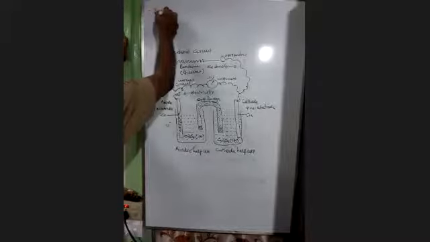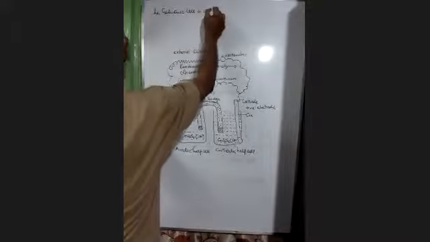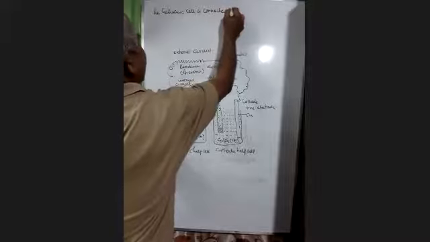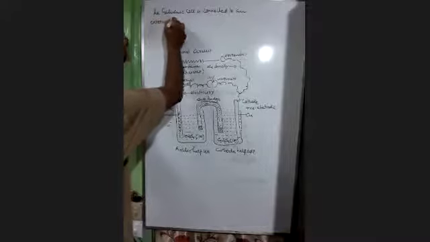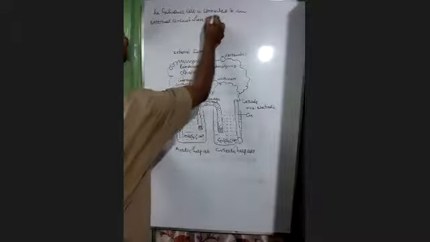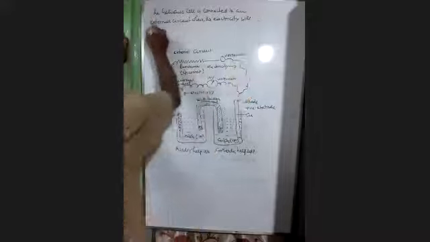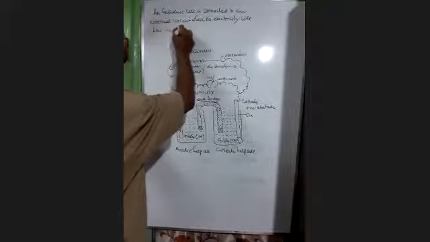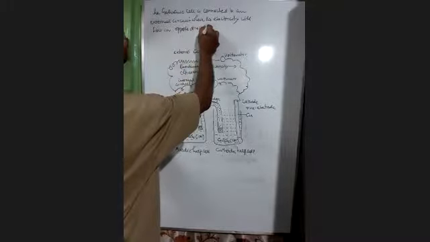The galvanic cell is connected to an external circuit where the electricity will flow in the opposite direction.